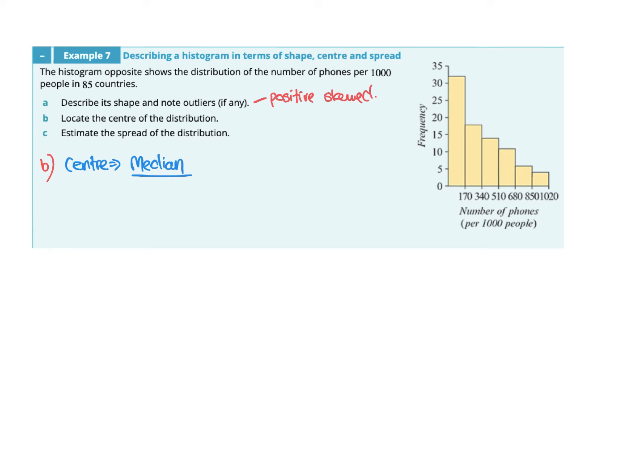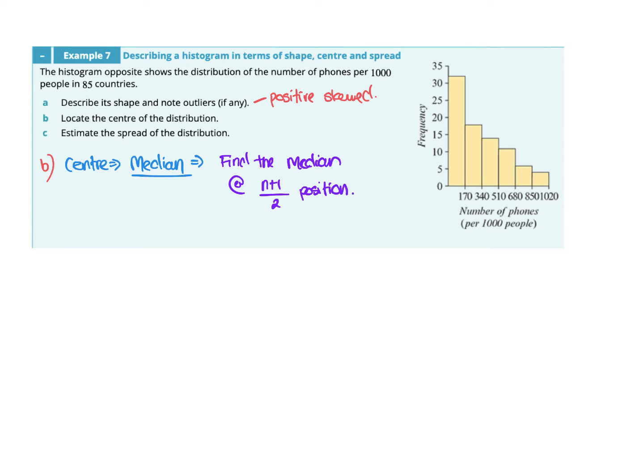What we have to remember is the median rule we had, where we can find the median at the n plus 1 divided by 2 position.